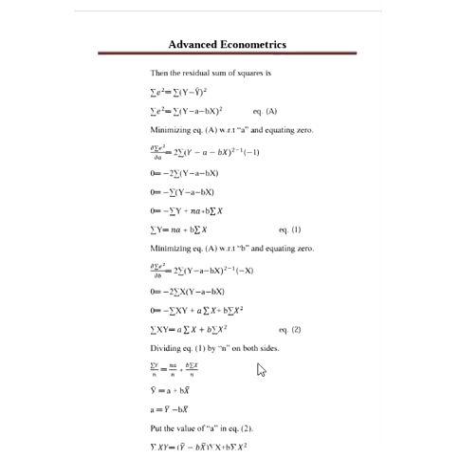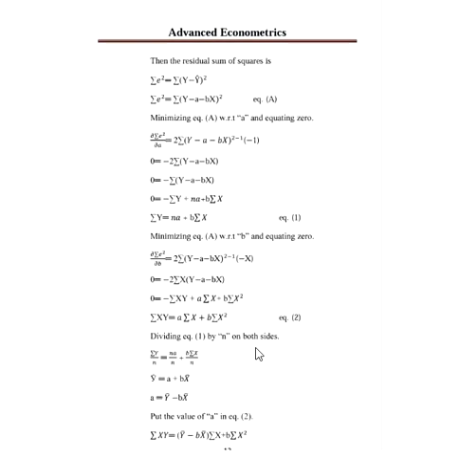So now in the next step, here is the calculation for equation A, and this is the calculation for equation B. Now we divide equation 1 by n, as we want to eliminate this n from the equation, so we have to divide all these elements by n. So we have divided all these three elements by n.